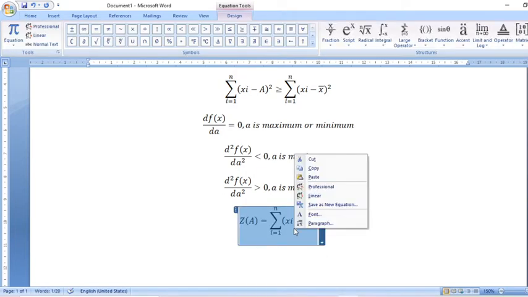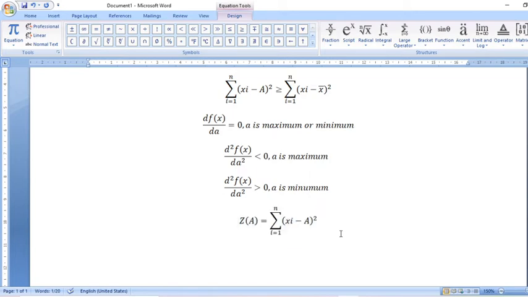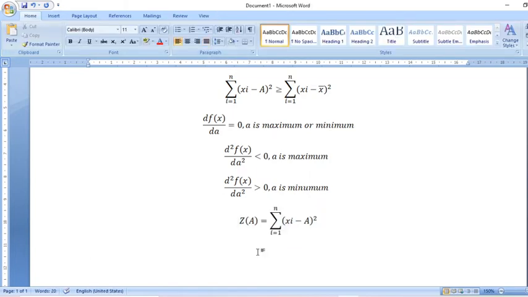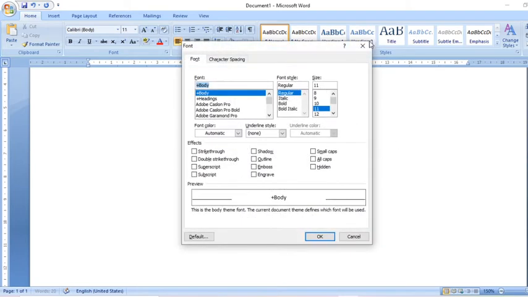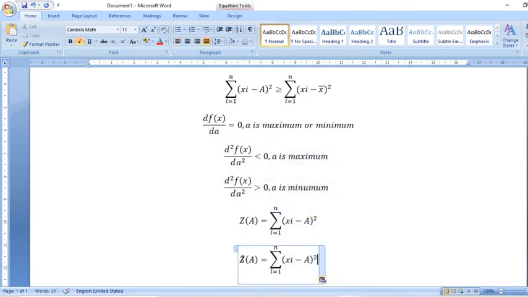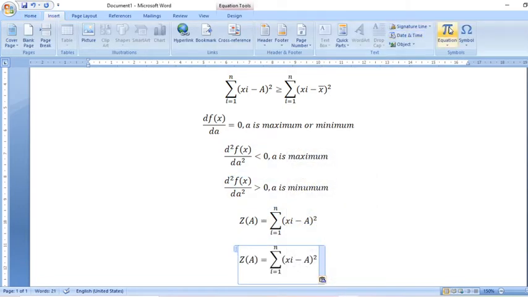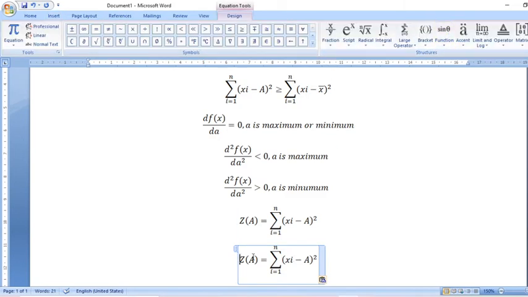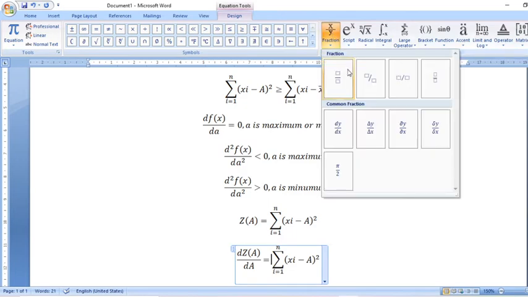Let us differentiate with respect to A. So let us differentiate this z of A with respect to A. So dz of A by dA.